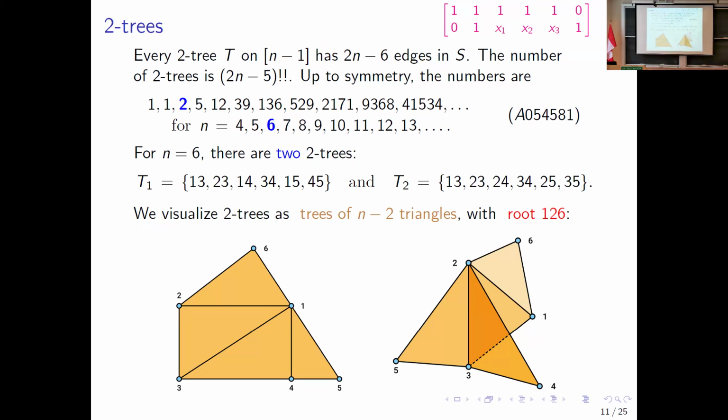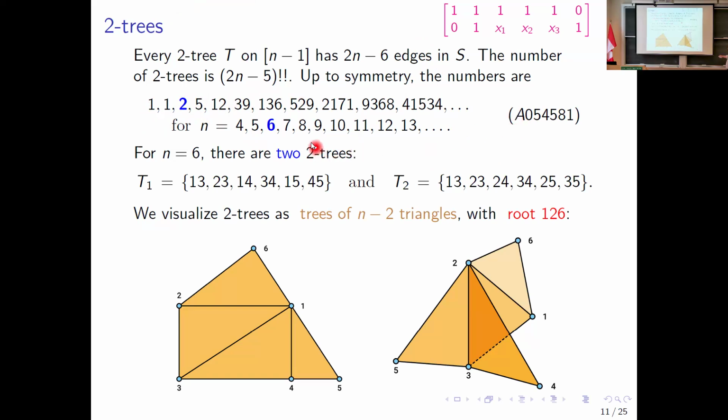Now, if you mod out by symmetry, then the number of two trees for n equal to 4, 5, 6, and so on grows like this: 1, 1, 2, 5, 12, 39. This is explained in the Online Encyclopedia of Integer Sequences, where you find a big discussion of two trees and three trees and things like that. Okay, these are the two trees.